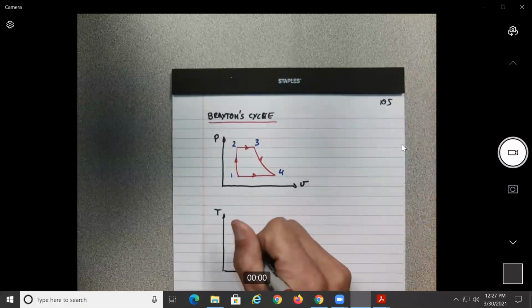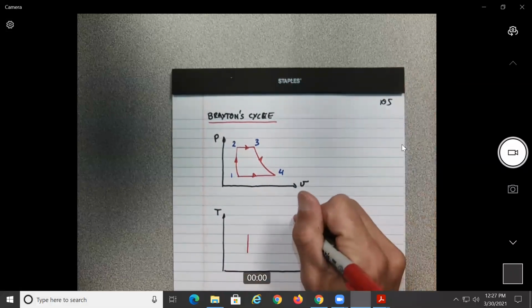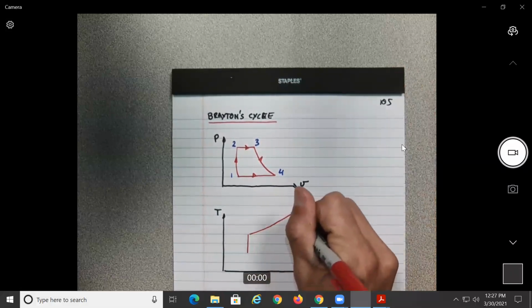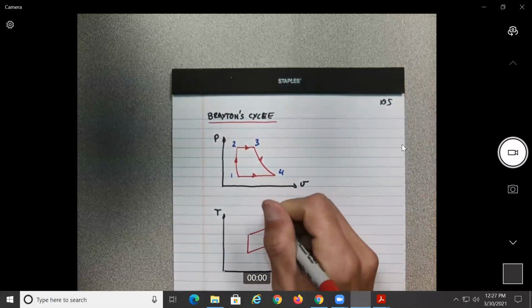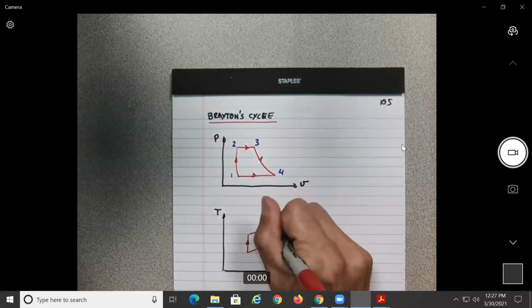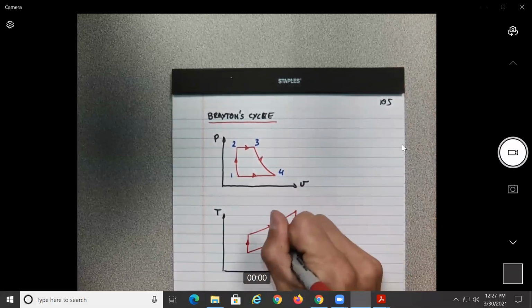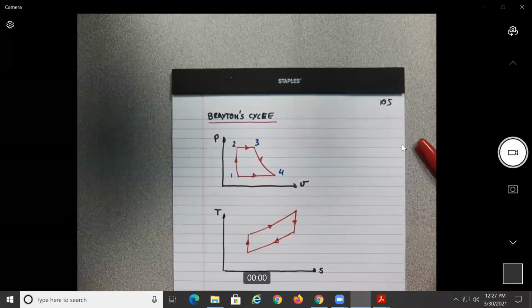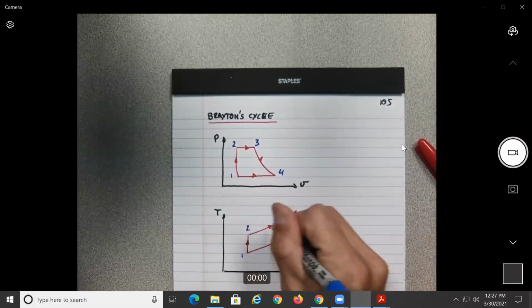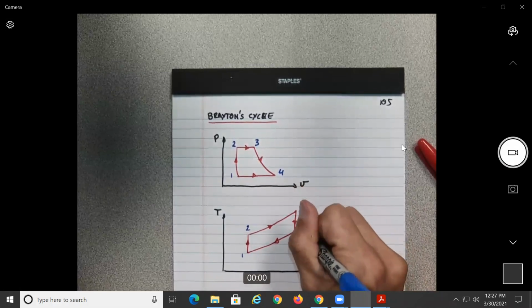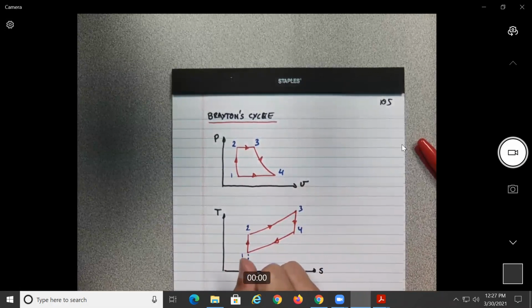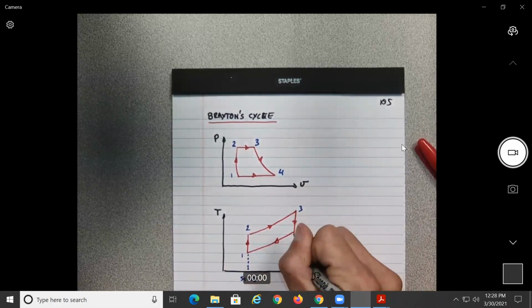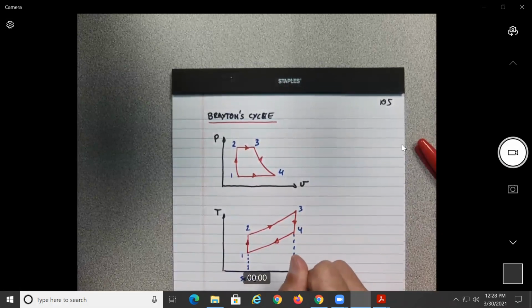And if we do that on the temperatures, that's the way it would be. 1, 2, 3, and 4. This will show you that process 1, 2 will be isentropic, and process 3, 4 will be isentropic as well.